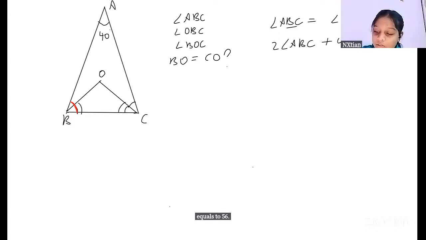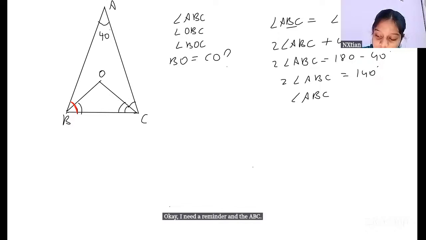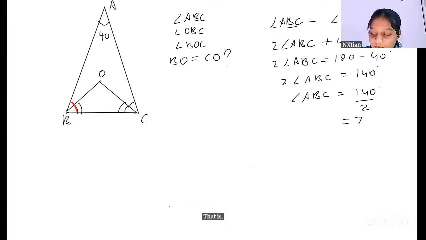So 2 angle ABC equals 180 minus 40. 2 angle ABC equals 140 degrees. Then you divide it. Angle ABC equals 140 degrees divided by 2. That is 70 degrees. So angle ABC is 70.